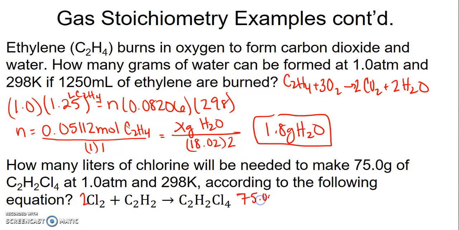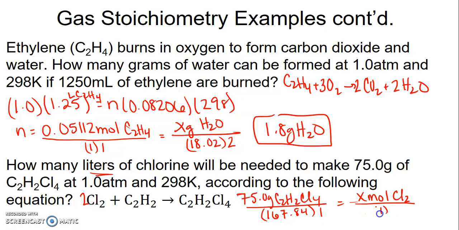So 75 grams of C2H2Cl4. Grams goes on the bottom, so I'm going to put its formula weight on the top times its coefficient. And I'm looking for moles of chlorine gas. And I know I'm looking for moles of chlorine because I'm looking for liters of chlorine ultimately. Times its coefficient, and you do this math, and you end up getting 0.8937.